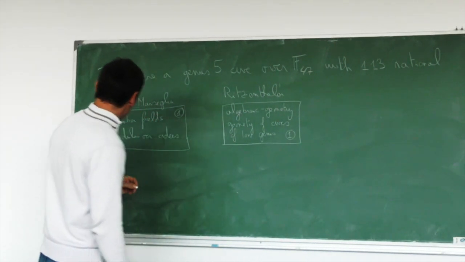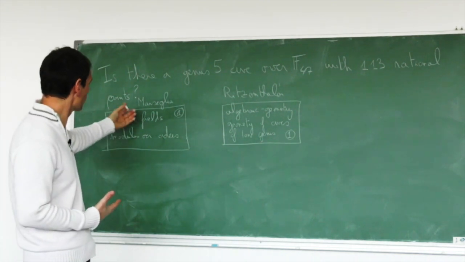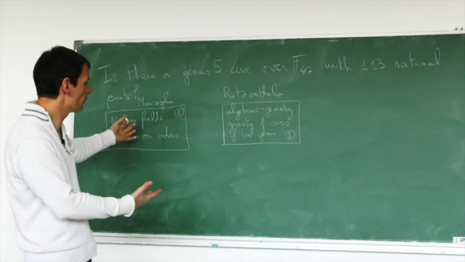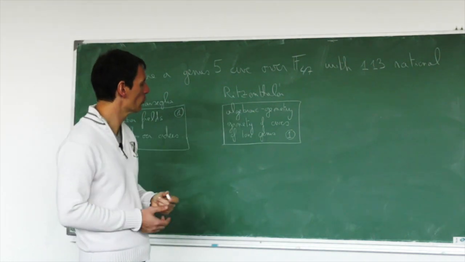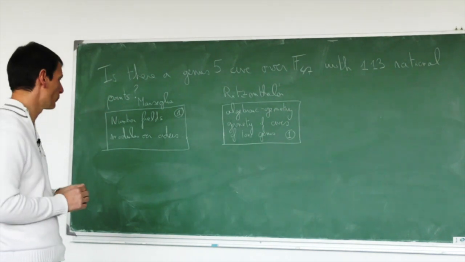So this is another kind of thing. Here we have more number fields, so fields of characteristic 0, when here our curves are going to be over fields of characteristic p. So there are two different worlds.